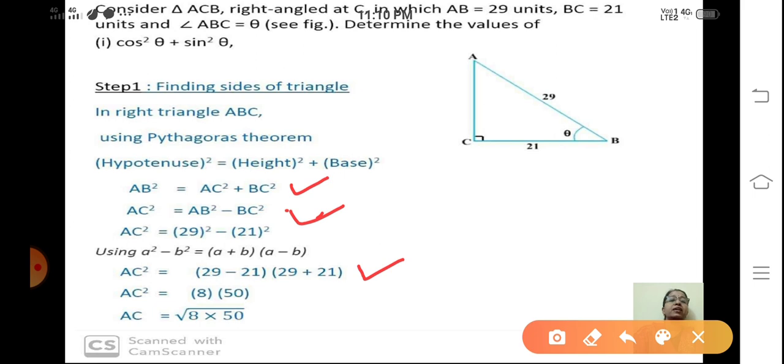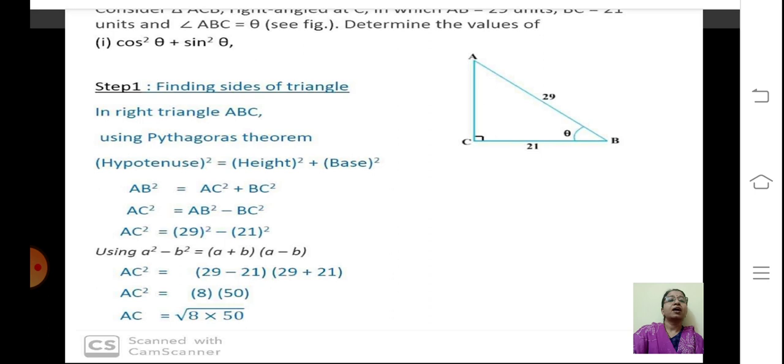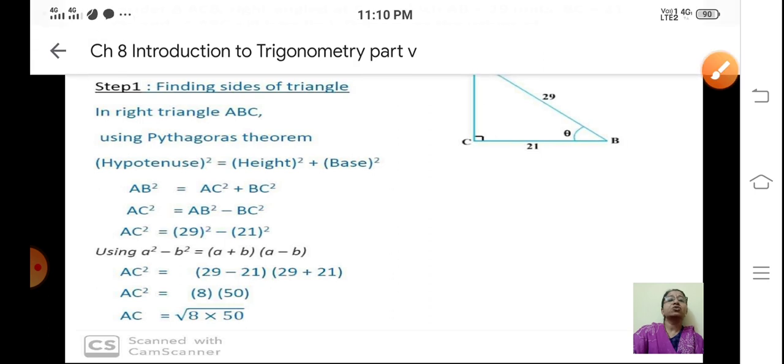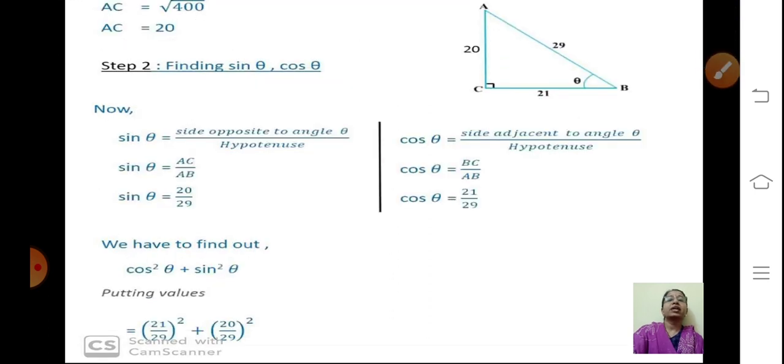So taking square root on both the sides, AC is equal to square root of 8 into 50, and 8 into 50 is 400. So AC is equal to square root of 400, and square root of 400 is 20.